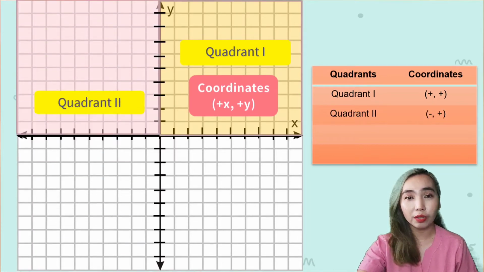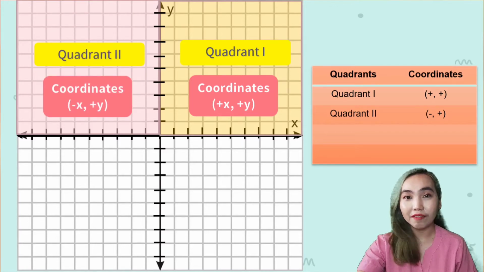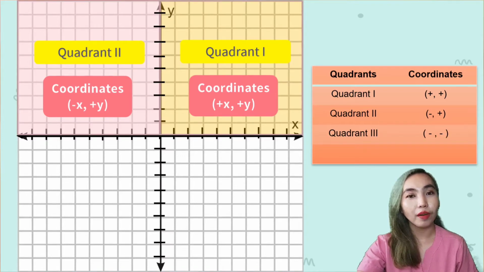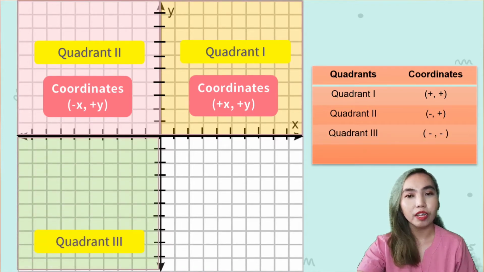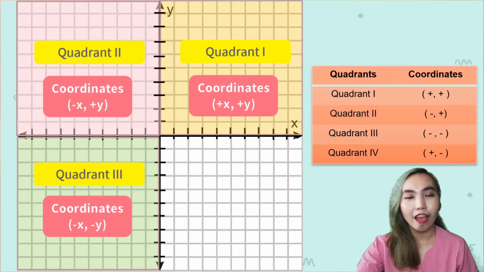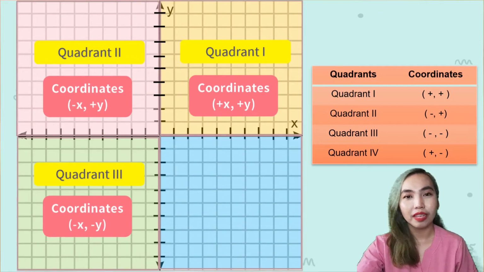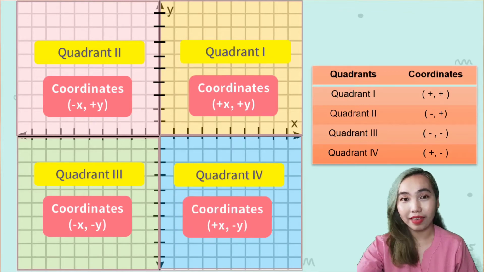For our Quadrant 2, we have the coordinates of negative x and positive y. For Quadrant 3, we have negative x and negative y. And for our last quadrant, that is Quadrant 4, with positive x and negative y.